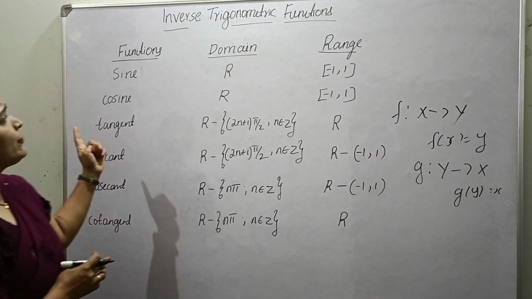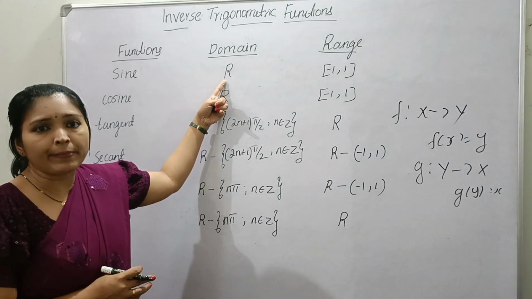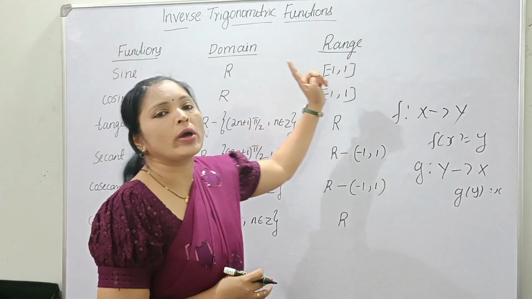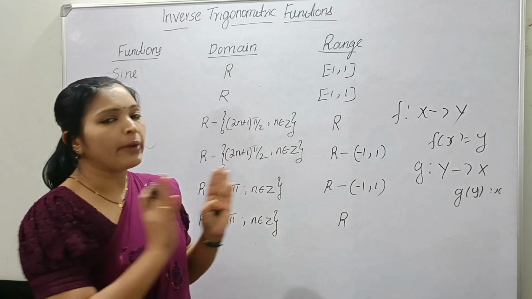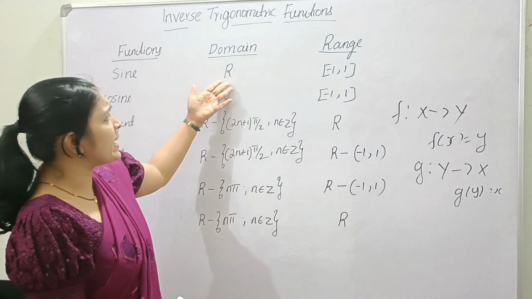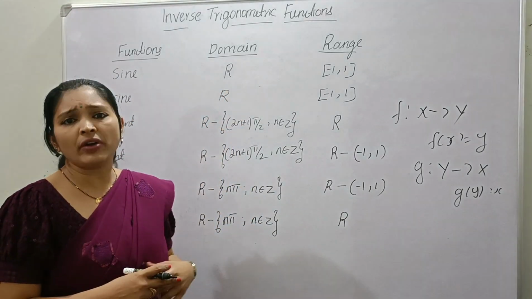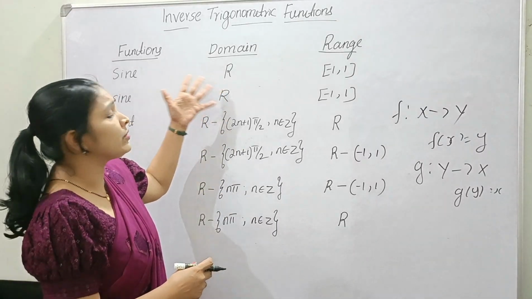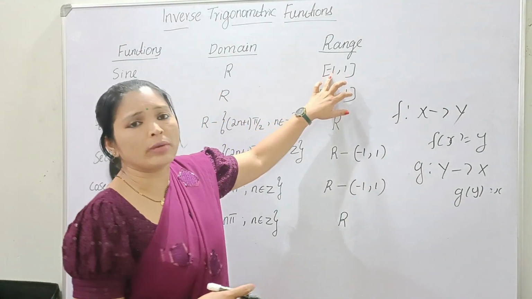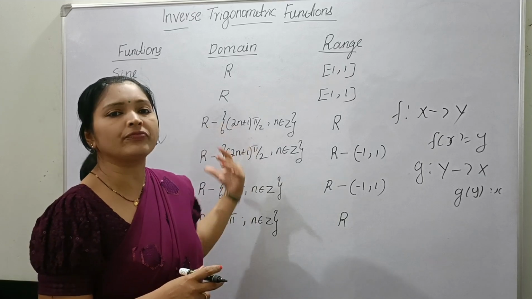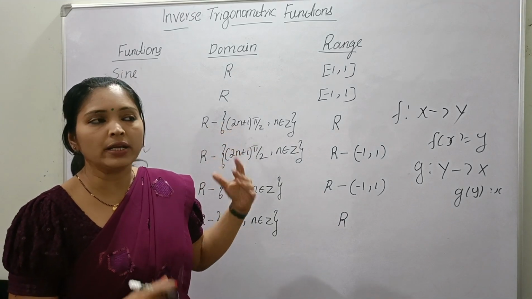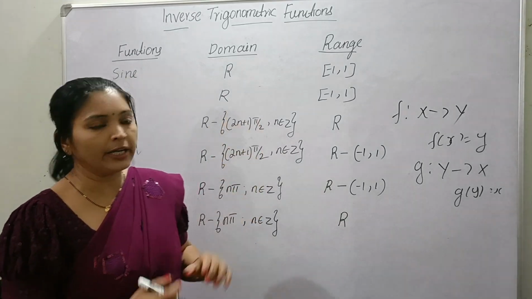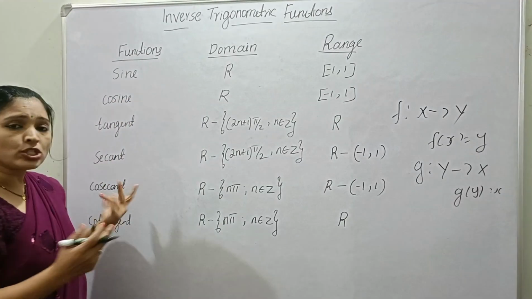The sine function has domain the set of real numbers R and range the closed interval -1 to 1. On seeing this we can conclude it is not a 1-1 function, because -1 is the image of more than one element of the domain. So the sine function is not 1-1.